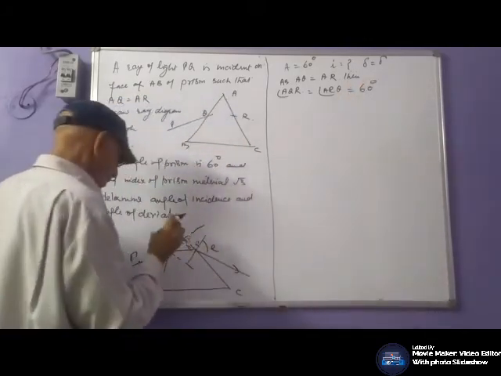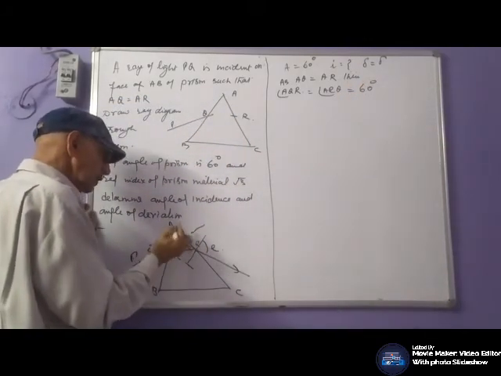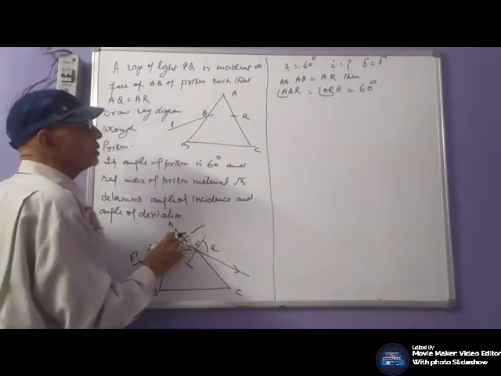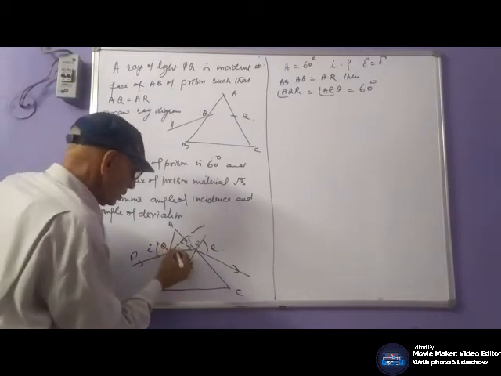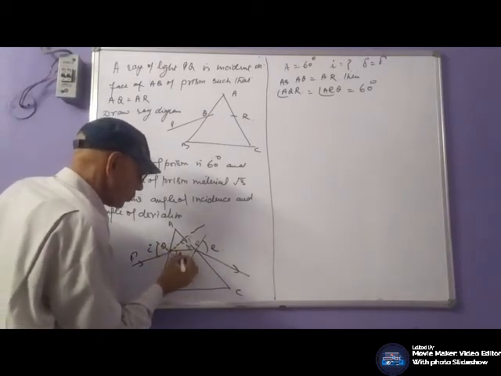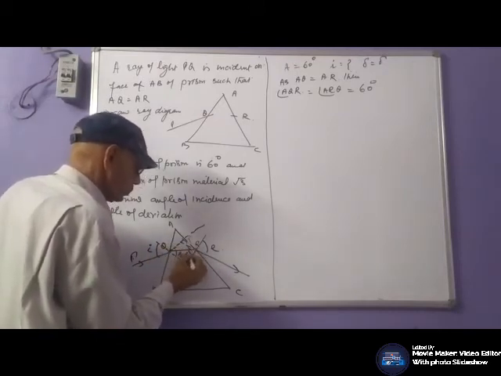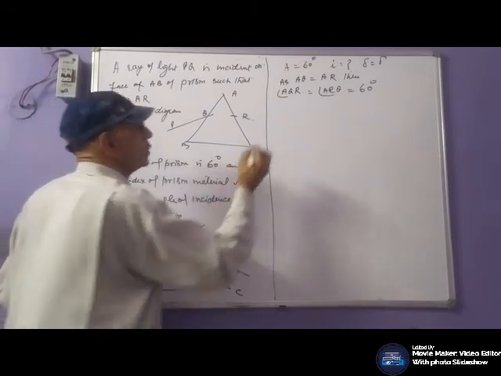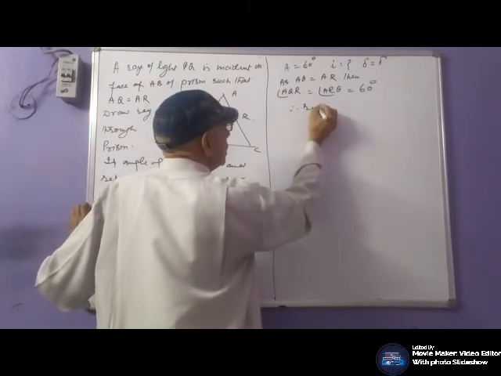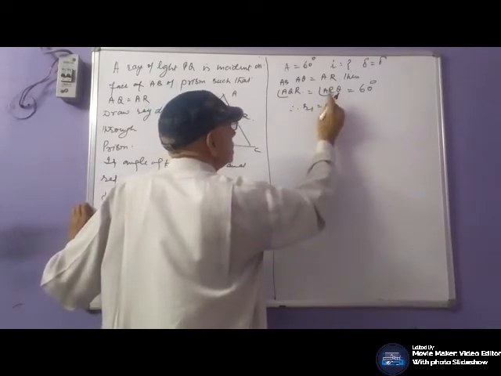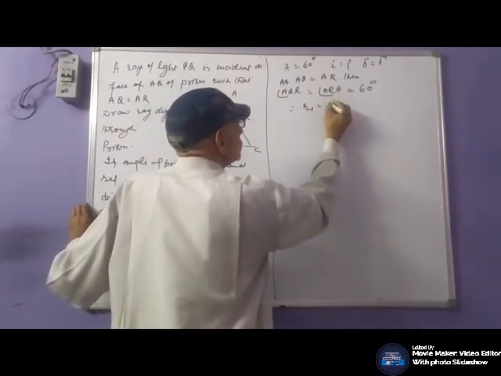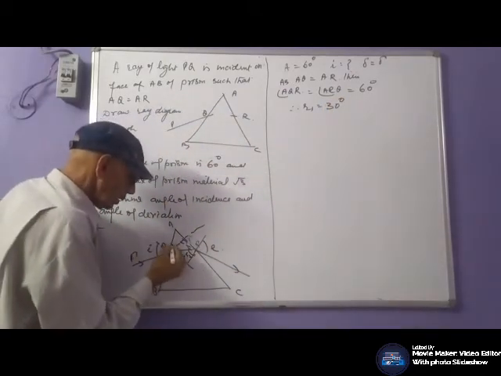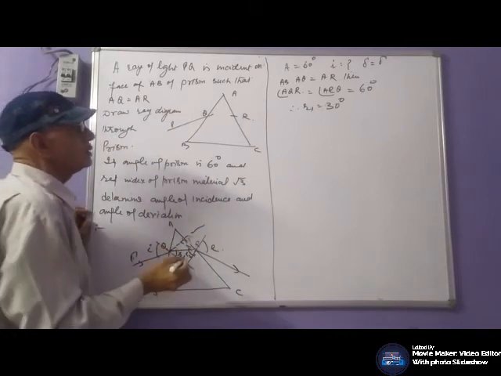Why? It becomes an equilateral triangle. This angle 60 degree is given, these sides are equal, so this is 60. This is R1, this is say R2. This is normal. Therefore, R1 is 30 degree. This is normal, this one is 60, so R1 is 30 degree.